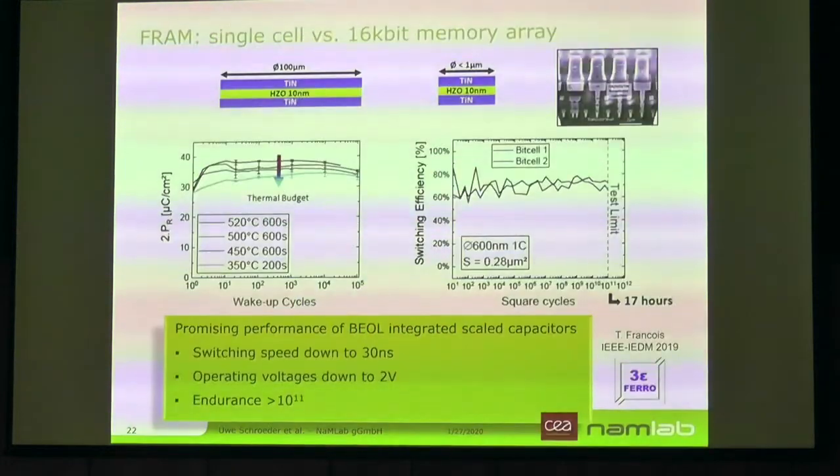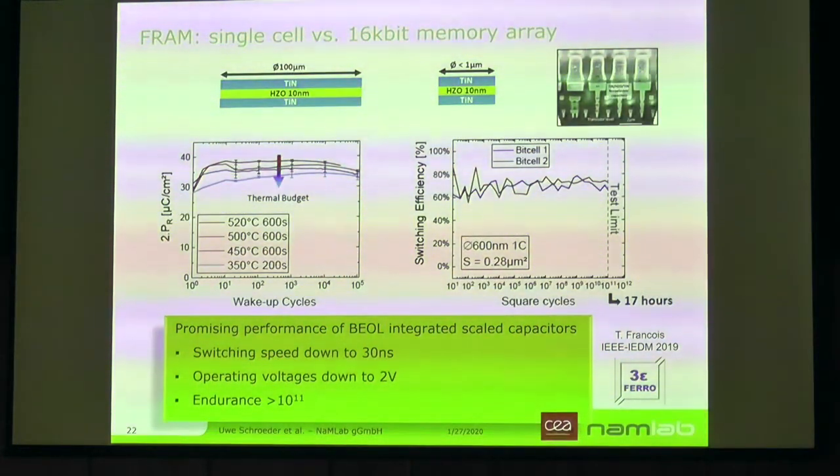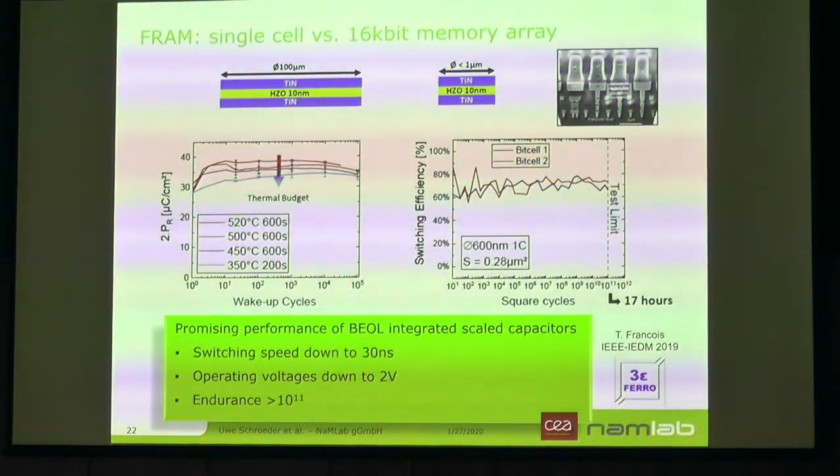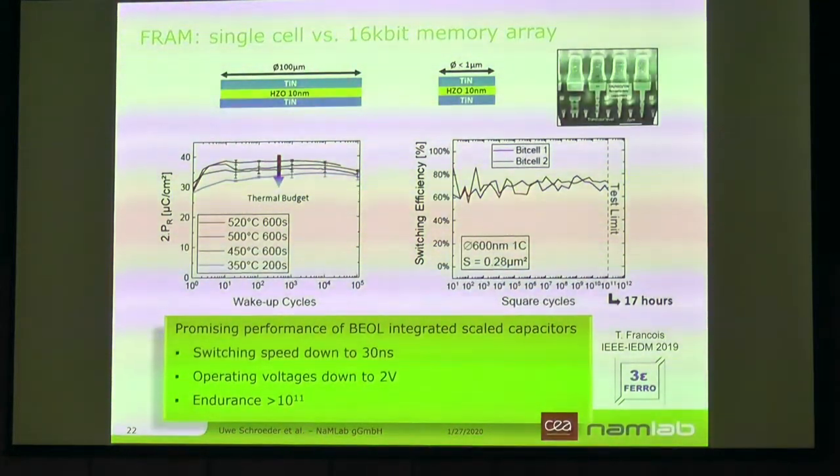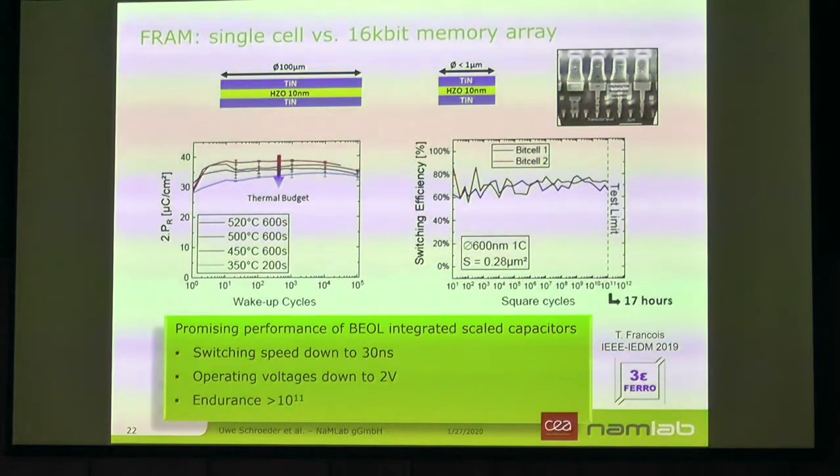We just lately introduced this into a 16K memory array. And here you can see the behavior on the larger structure. As I showed you before, even if we anneal the hafnium oxide at just 350 degrees C, we can have nice remnant polarization values.